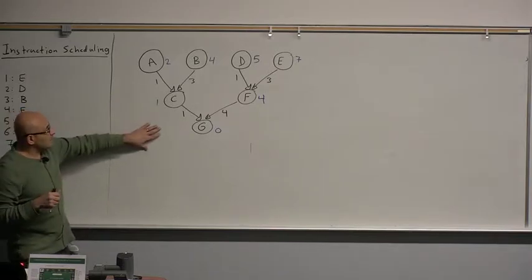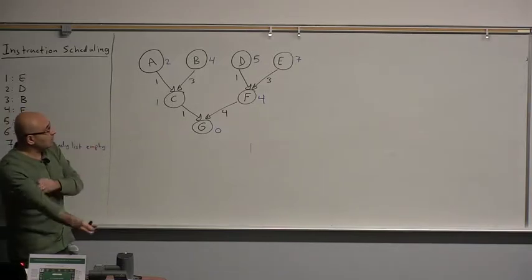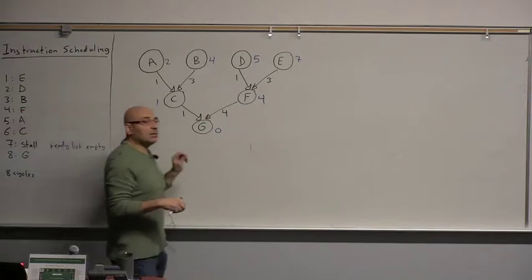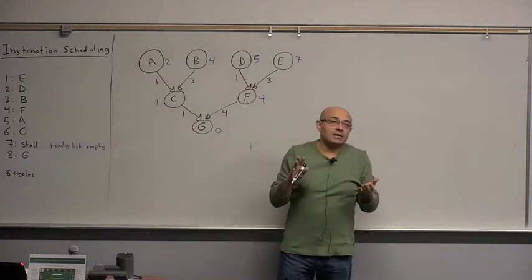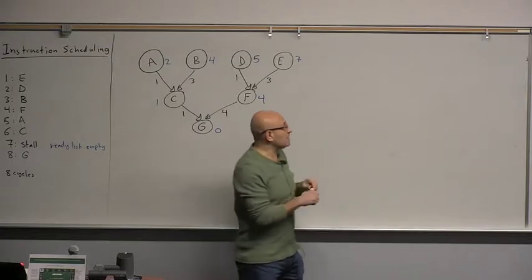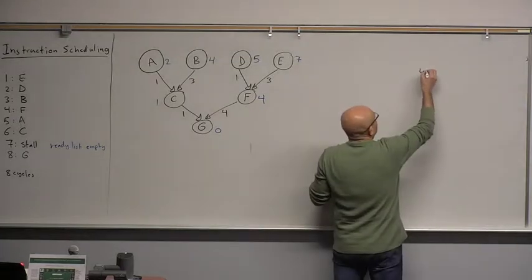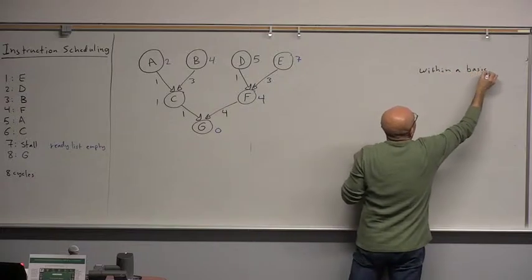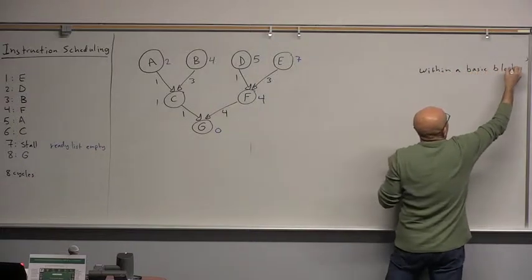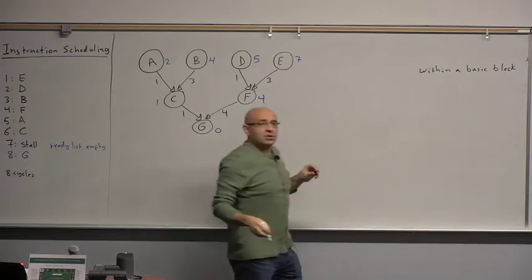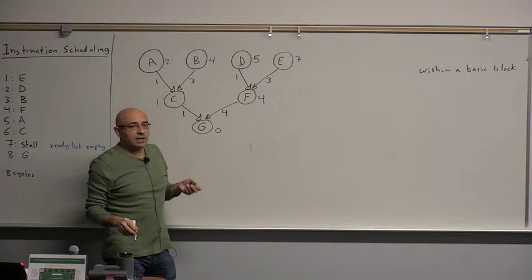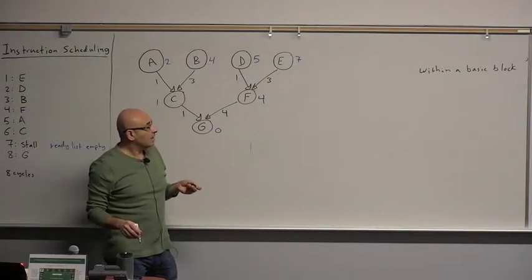An important note about this is that we are assuming here that we are doing instruction scheduling within a basic block. So instruction scheduling is done within a basic block. So using the same terminology that we used for register allocation, would this be local or global? Local.